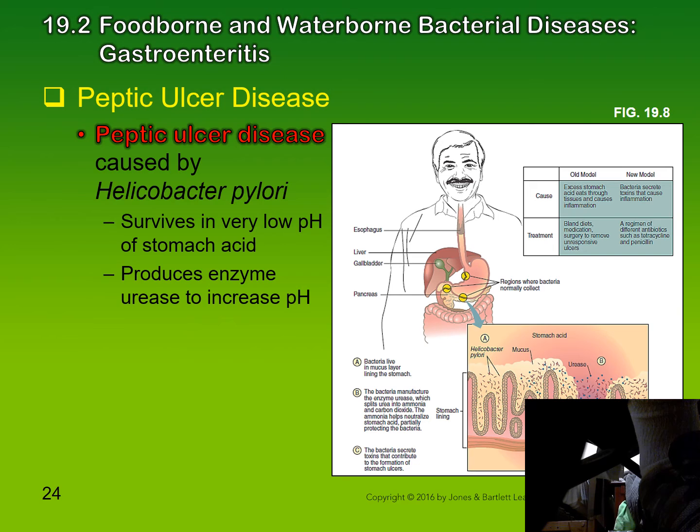I know my father had to have a lot of milk because they thought it would calm his stomach down. At the time my father had his surgery, they didn't know that it was an infectious disease, and so they basically cut out 3/4 of his stomach. So my father was quite thin because he didn't have a stomach. Nowadays it would be treated with antibiotics first, and surgery would be saved as a last resort.